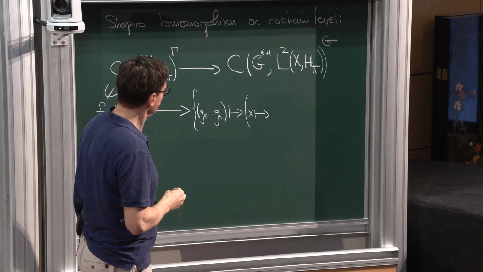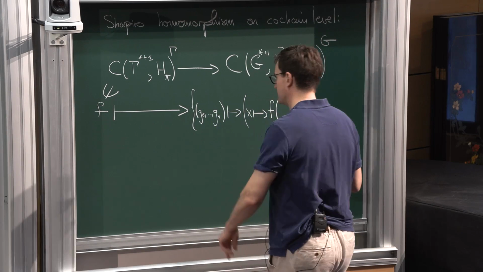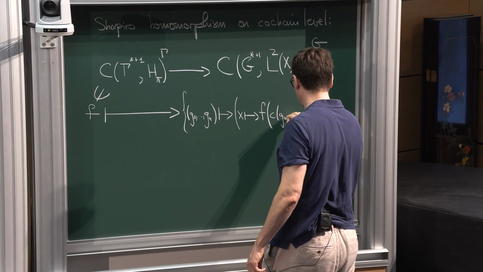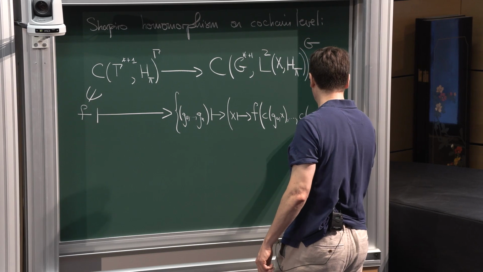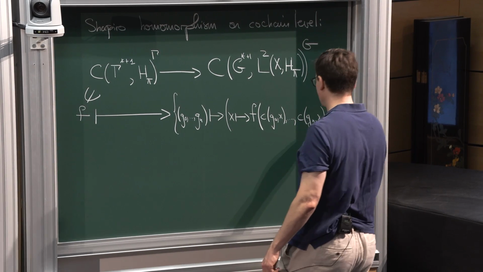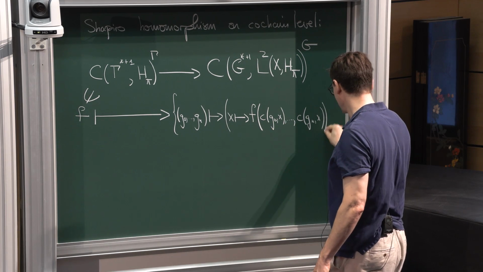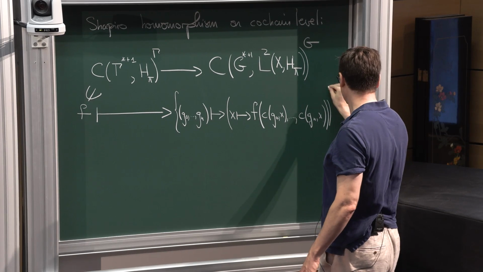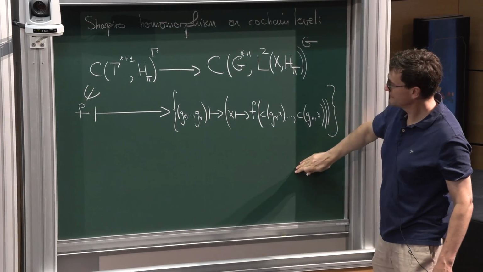And what is the function? Well, you take your cocycle F, and now you plug in your lattice cocycle. Right, this is the map.